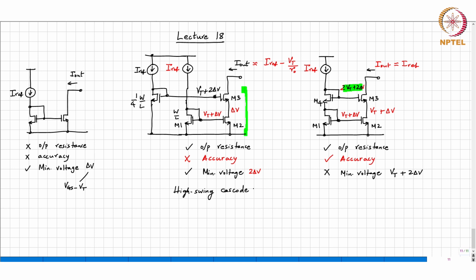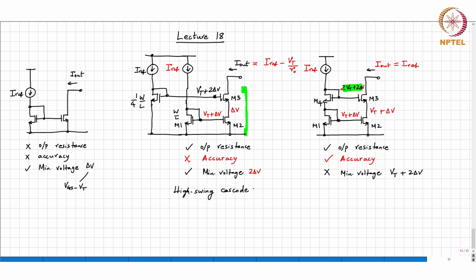Okay. So the last thing to do is, what would we ideally like to do? We'd like to have a current mirror where the output resistance is high, the accuracy is good, and the minimum voltage is, I mean, what is the smallest that we can have?